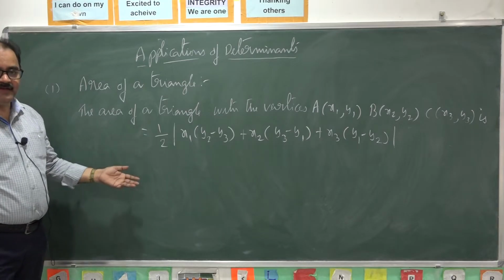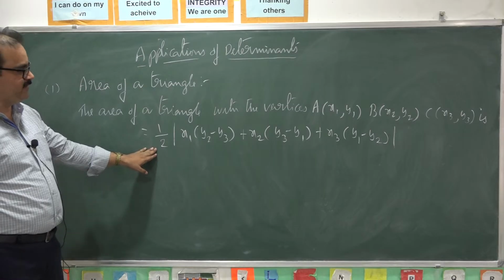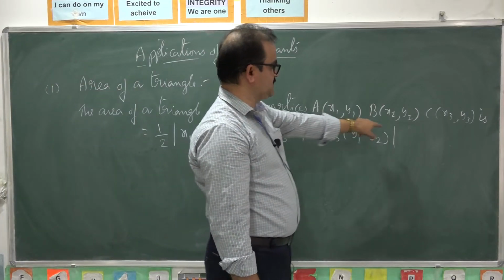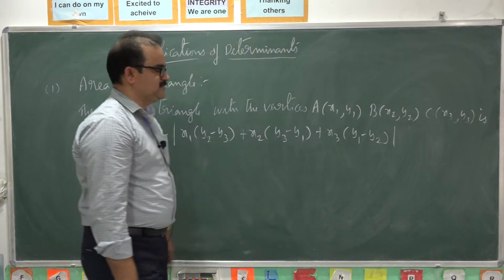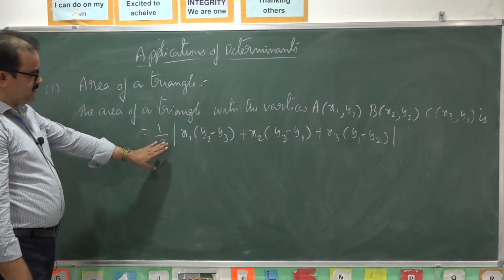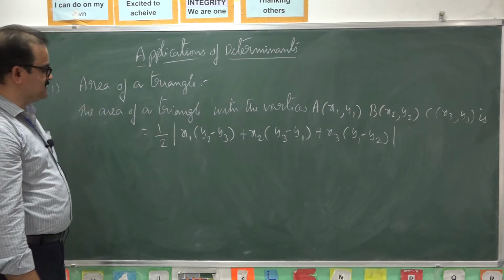We know this formula. This is the formula to find the area of a triangle with the vertices (x1, y1), (x2, y2) and (x3, y3). Now we find the area of the triangle by using determinants also.